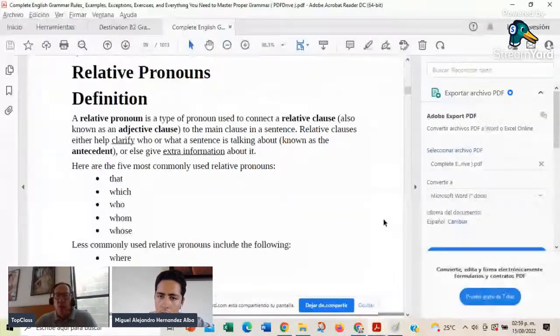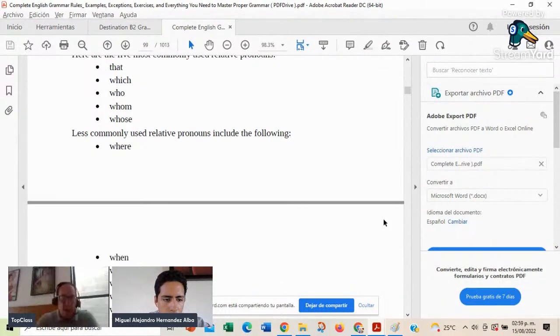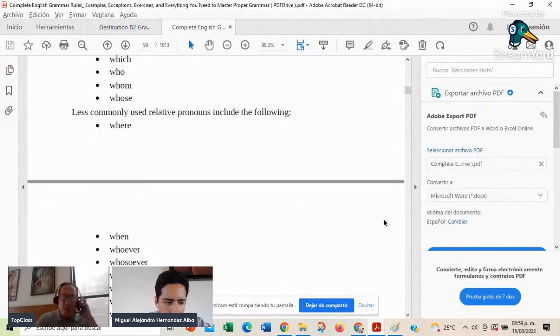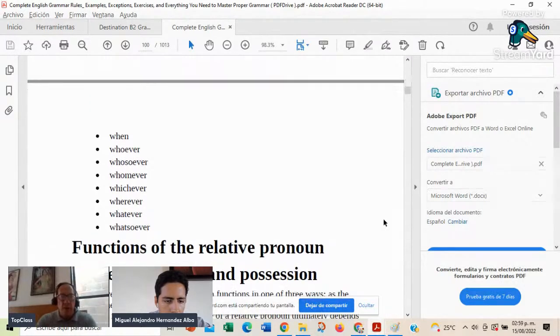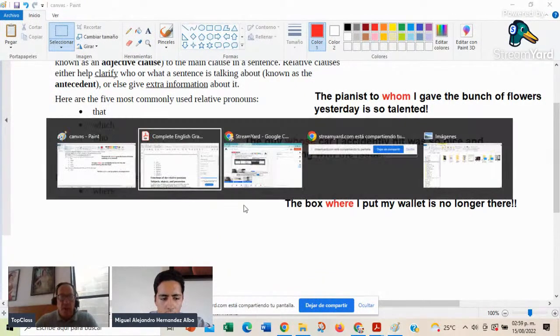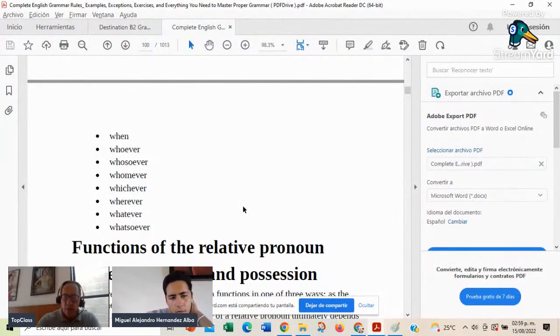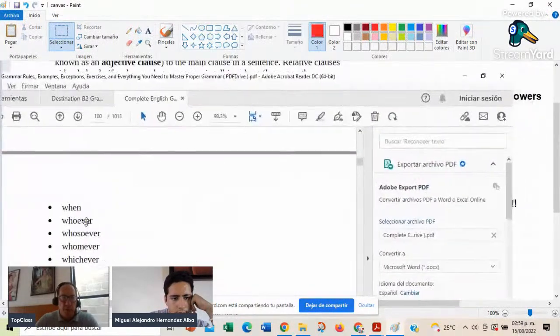And this is what it is here. And we have other words here. I think you can see. So let's think of these ones too. Print screen, and I'll put them here.